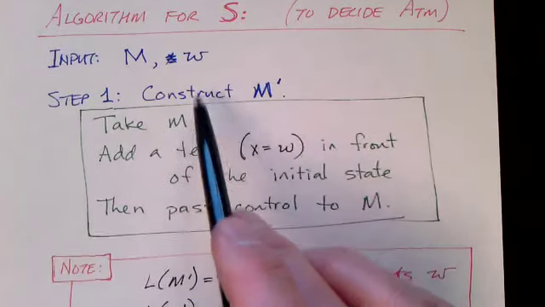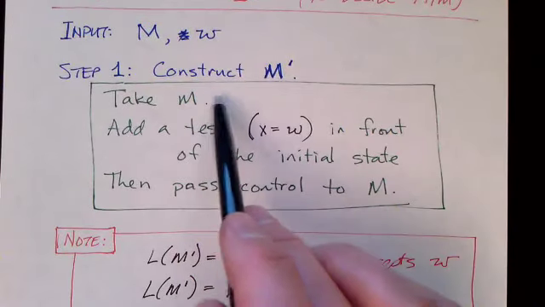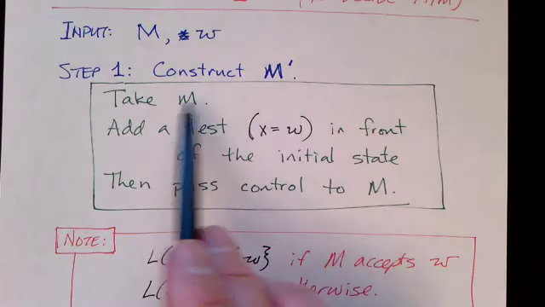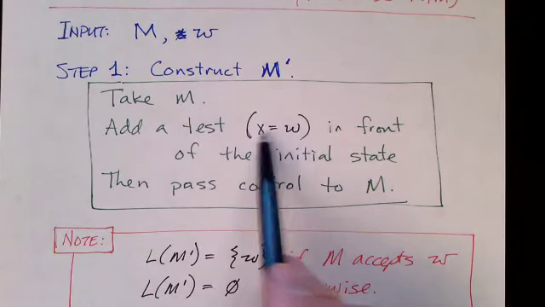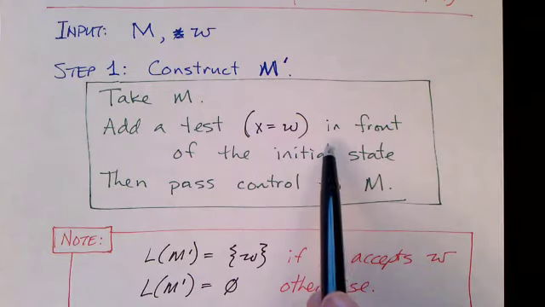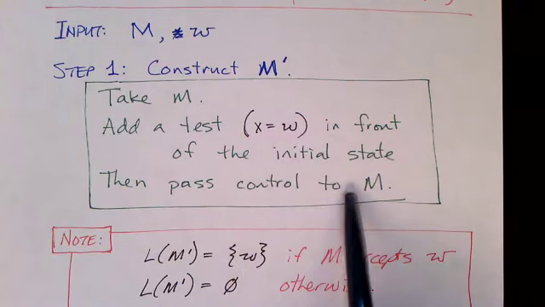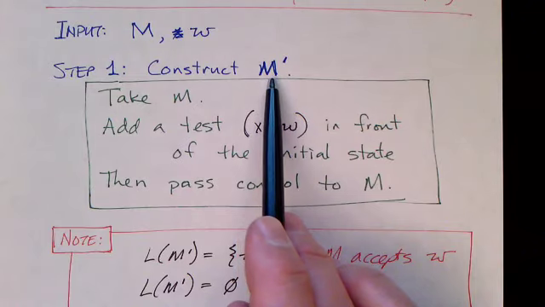And in the first step, it constructs M prime, a new Turing machine. So how does it do it? Well, as I said on the last slide, it uses M. It adds a test in front of M to see whether X equals W, and if it does not equal W, then it rejects immediately, but otherwise it passes control to M. So that's how algorithm S builds M prime in step 1.